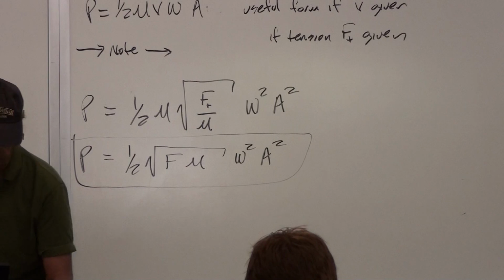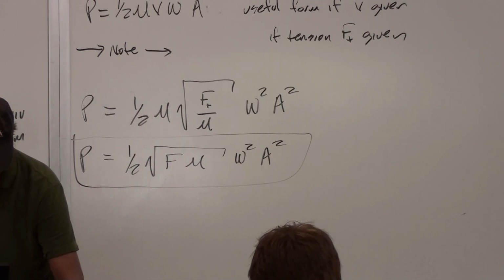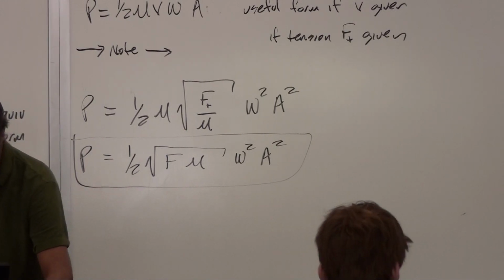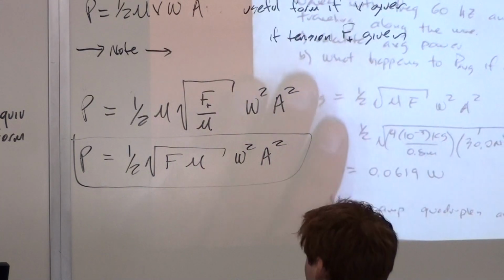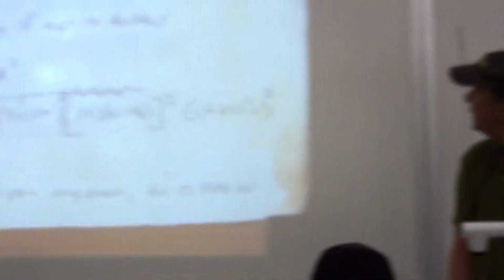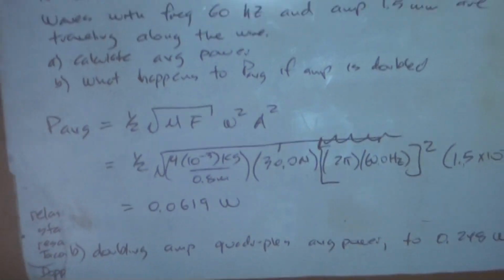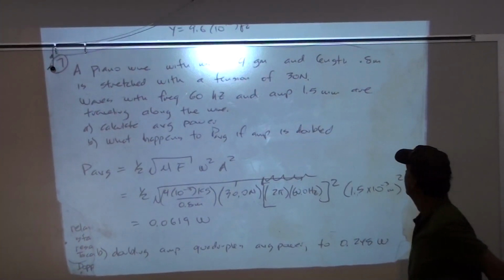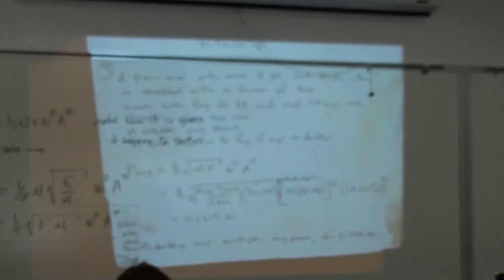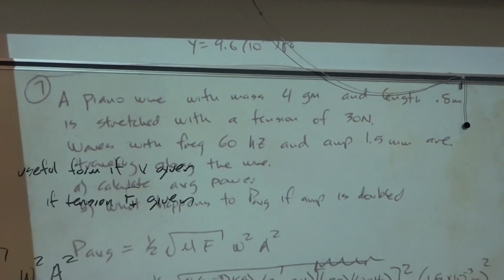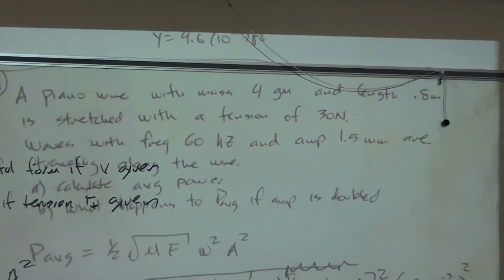So here's our problem. We have a piano wire with a mass of 4 grams and a length of 0.8 meters that's stretched to a tension of 30 newtons.